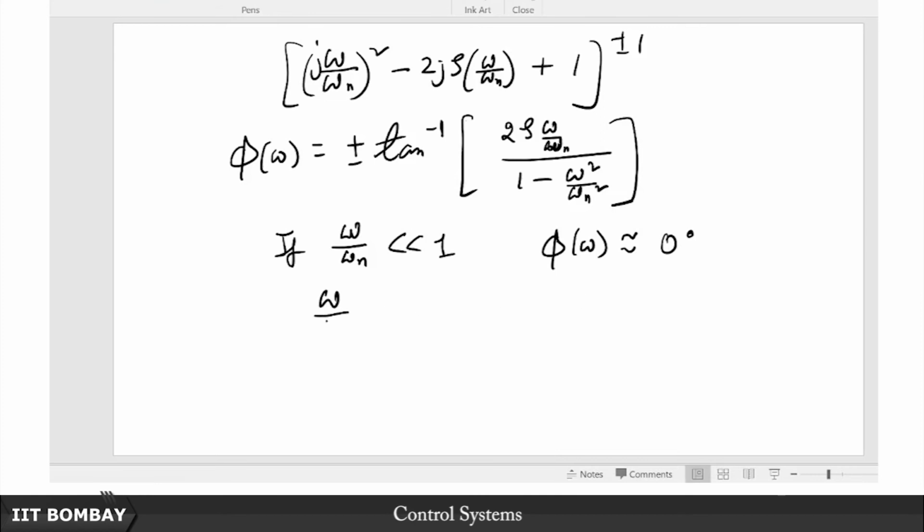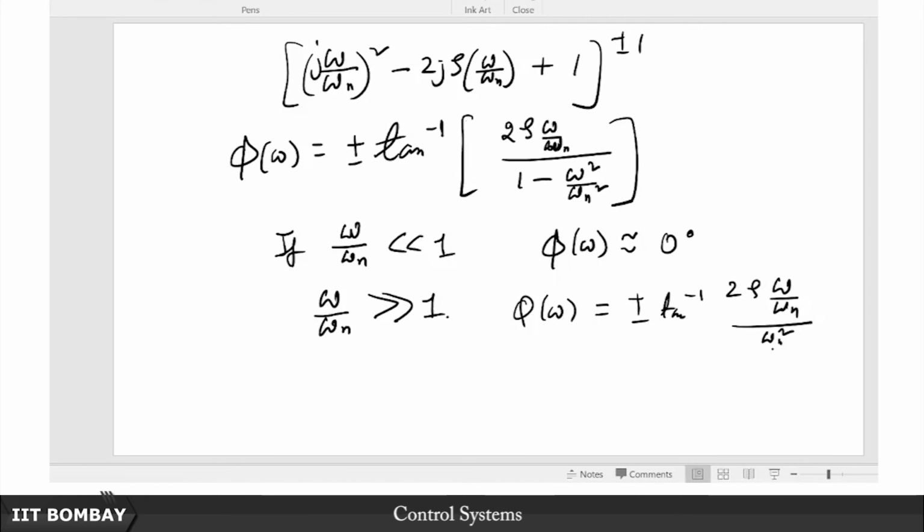Similarly, if omega upon omega n is much greater than unity, then the denominator is just omega. So let me write that down. So phi omega is equal to plus minus tan inverse of 2 zeta omega upon omega n, and the denominator will have omega squared upon omega n squared.